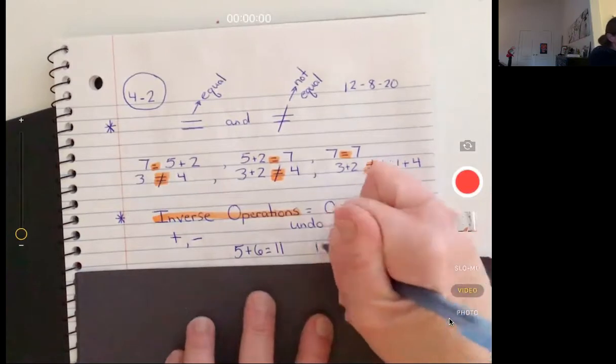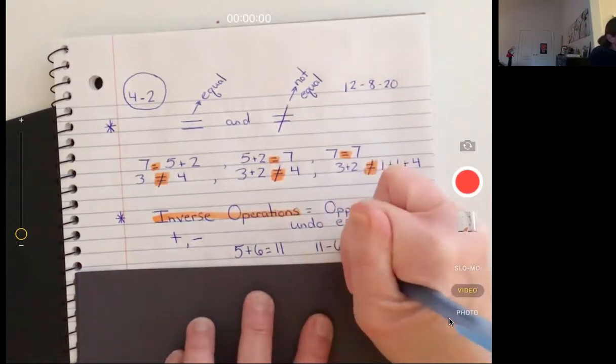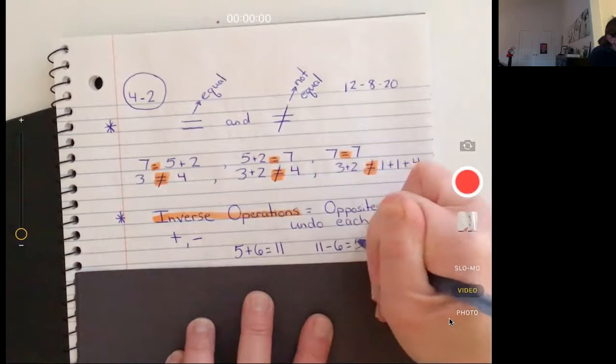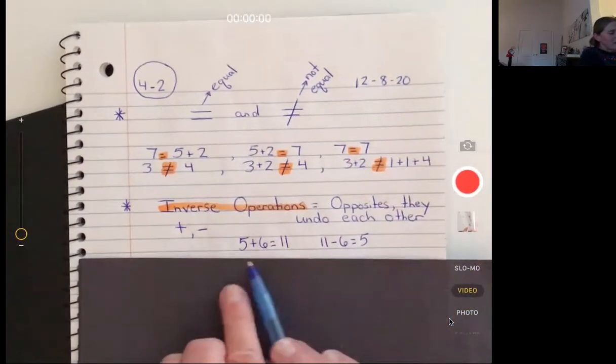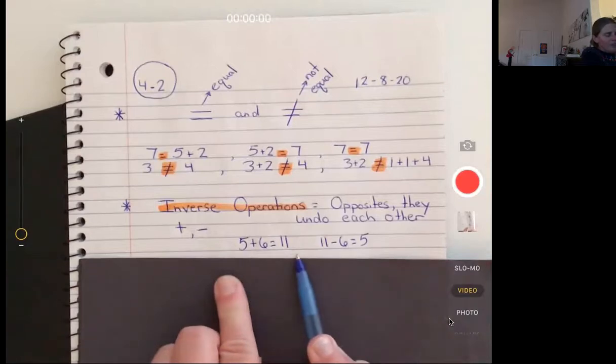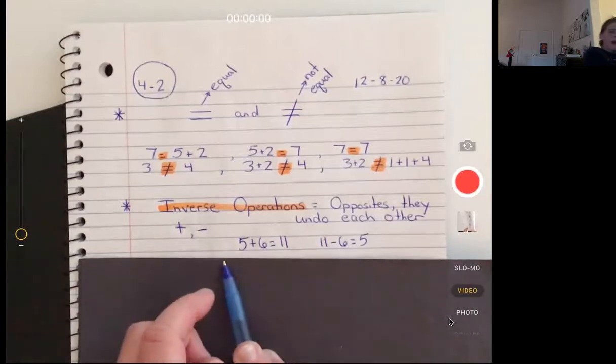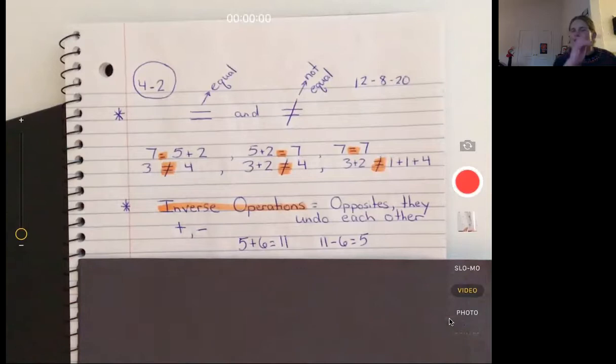So I could also say 11 minus 6 equals 5. Okay, so these are the inverse. We can go one way with addition, the other way with subtraction, although it doesn't always have to be forwards and backwards.